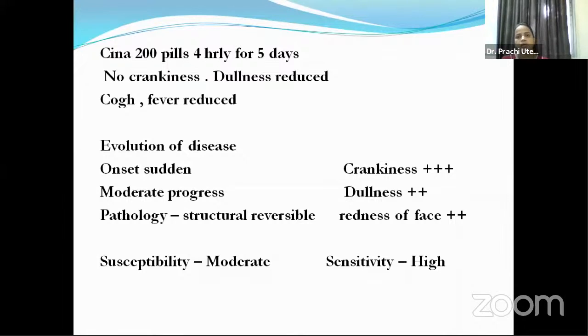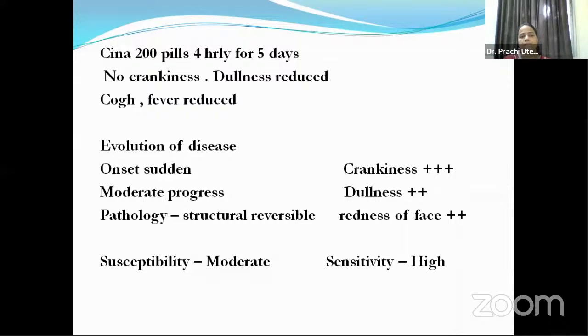And the miasm is mostly going in favor of tubercular because of the structural reversibility, the structural involvement, and the rapid progress. So this is the understanding of the case according to this tool.